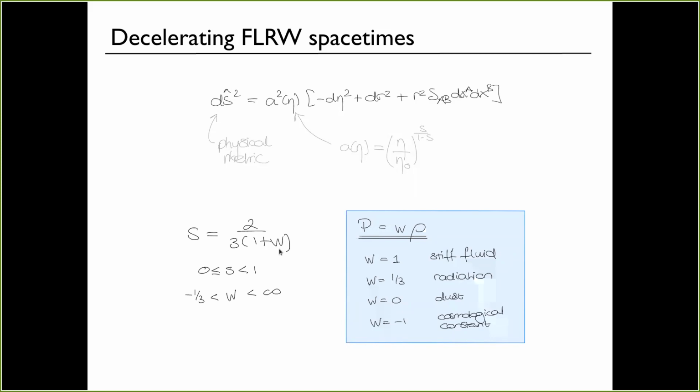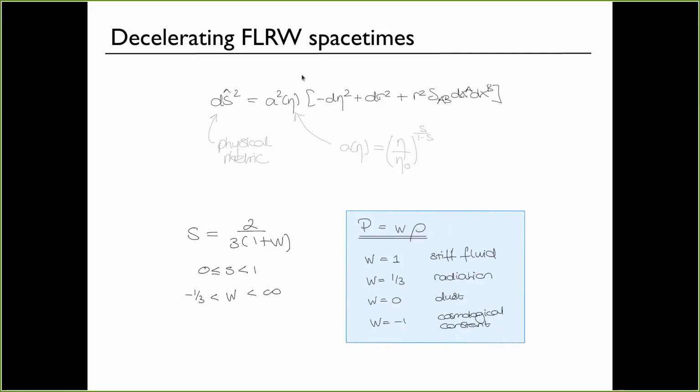As a reminder, the equation of state parameter is the number that relates the pressure and the energy density of your perfect fluid. To get a feel for that, w equals 1 describes a stiff fluid, 1/3 describes radiation, w equals 0 is dust, and w equals -1 can model or mimic the behavior of a cosmological constant.